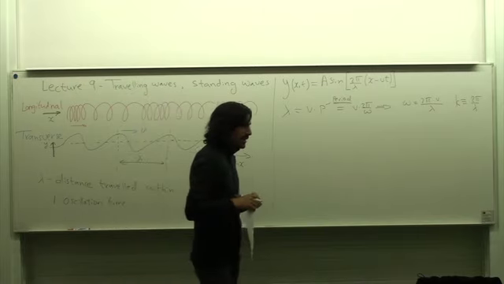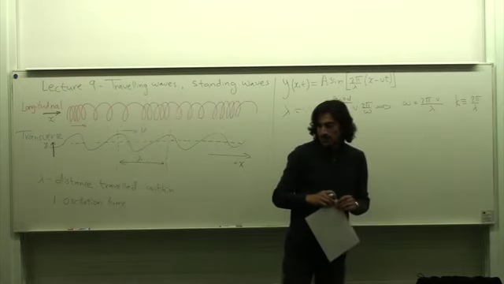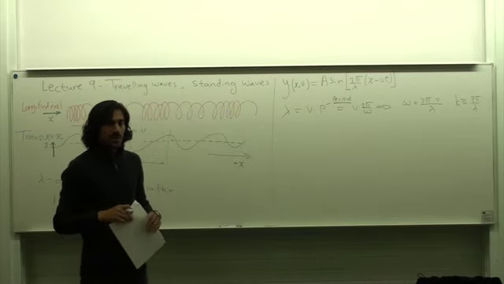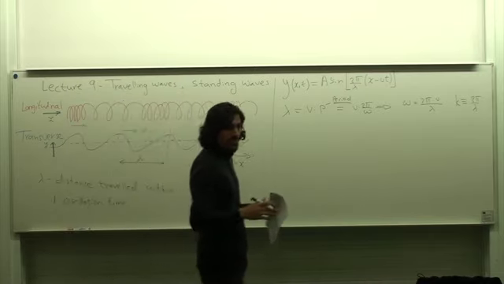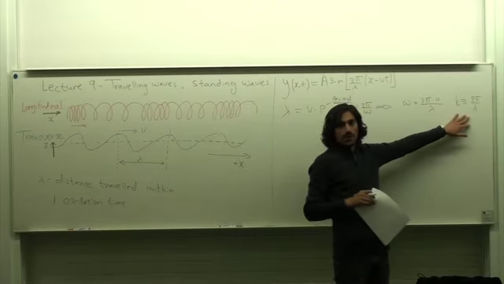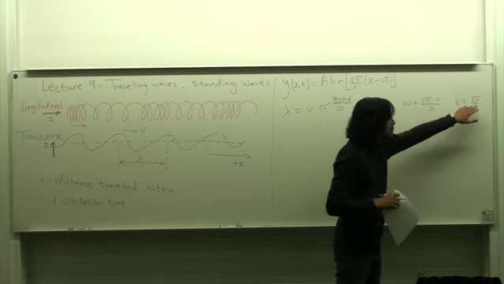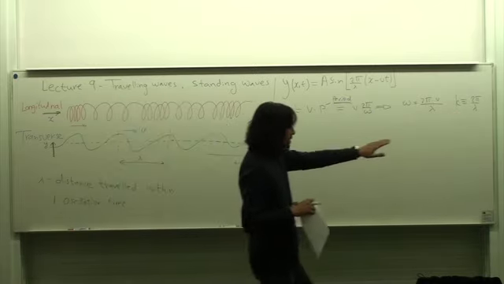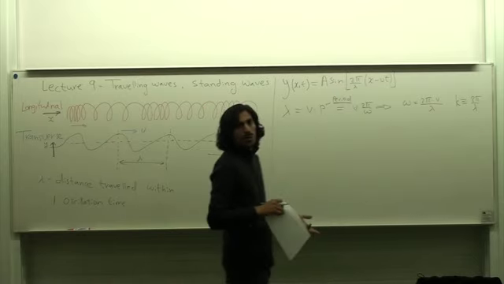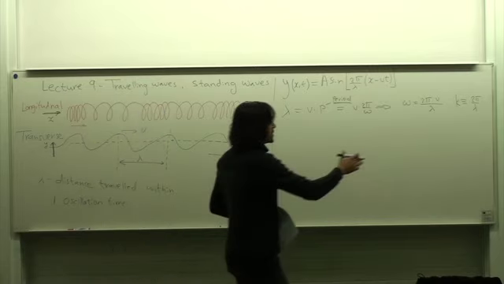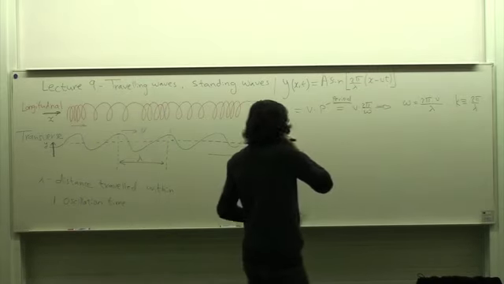This is how it's been used to define it previously, but it's just a definition. But be careful not to mix things together. The 2 pi over lambda is the more acceptable way of defining it. If you define it as 2 pi over lambda, then you should be consistent with that, and if you define it as 1 over lambda, you should be consistent with that. We're going to use this definition everywhere.